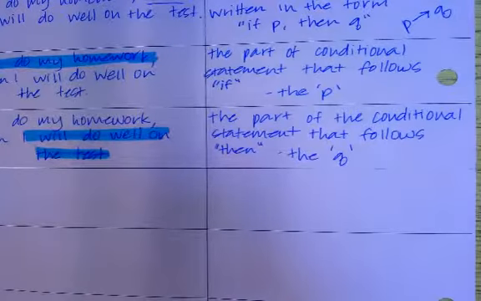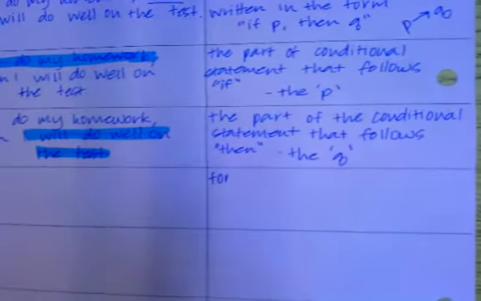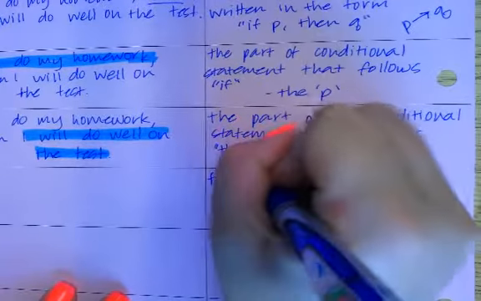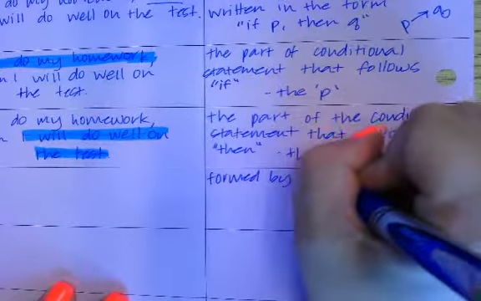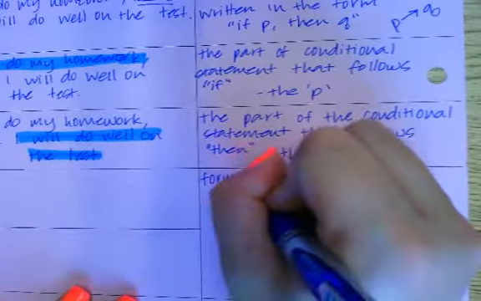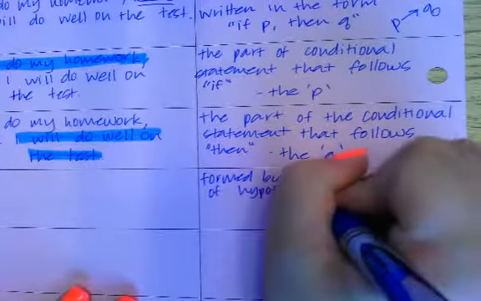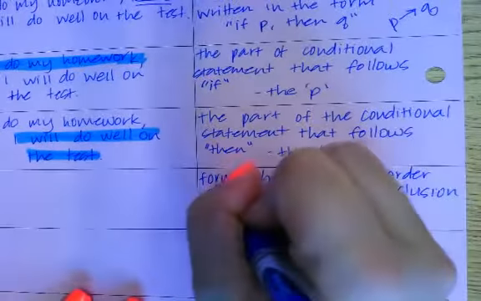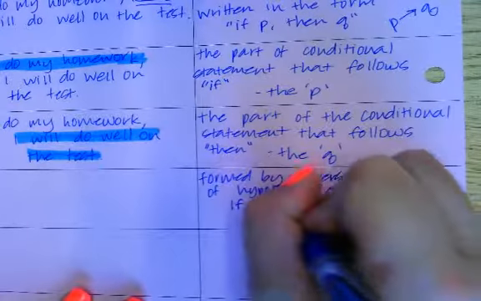How you form the converse is by flipping the Q and the P. It's formed by reversing the order of hypothesis and conclusion. So if Q, then P.